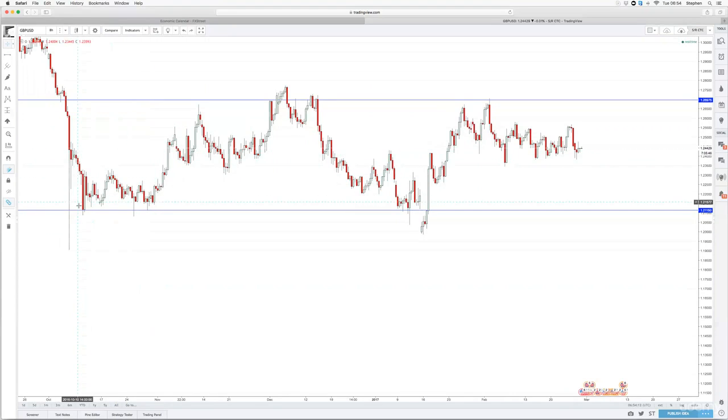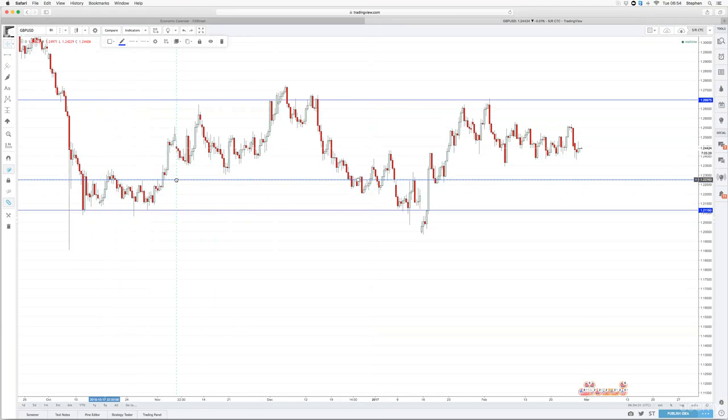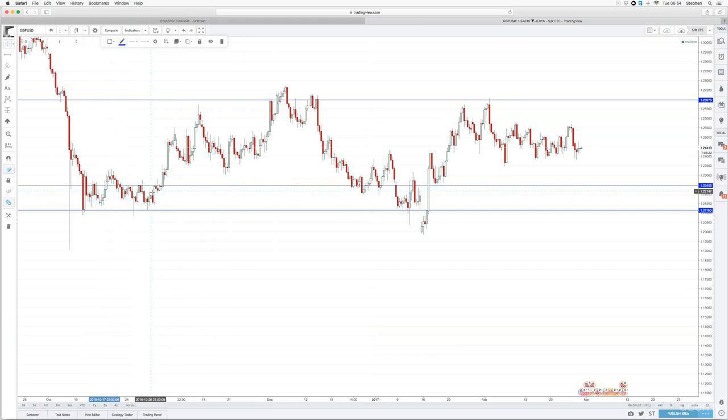This is where it looks like price is physically turning. I'm not bothered about all these wicks. All I'm looking for is where price is physically turning. And then we're looking for a midway point roughly, so where price is turning again. Is it a bit lower than that? Yeah, there. So you can see the price is physically turning.